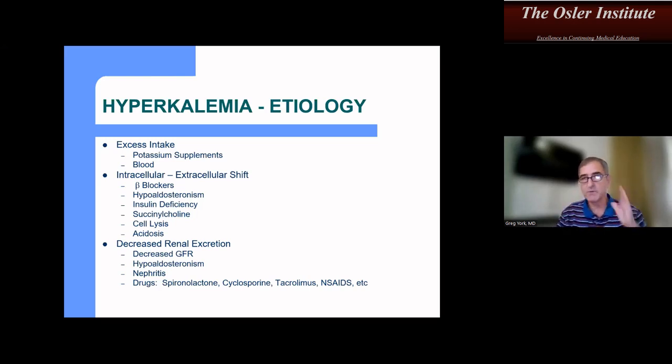We know that potassium moves between the cells, and so significant shifts of potassium can cause hyperkalemia. And then, of course, in that patient with decreased renal excretion of potassium, whether it's due to acute renal failure or medications or disease processes, we can see that in hyperkalemia.